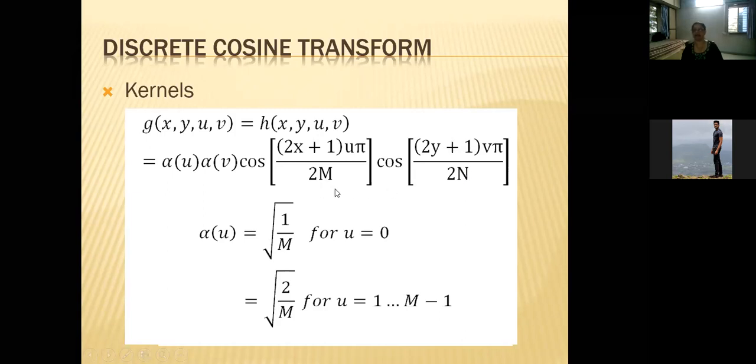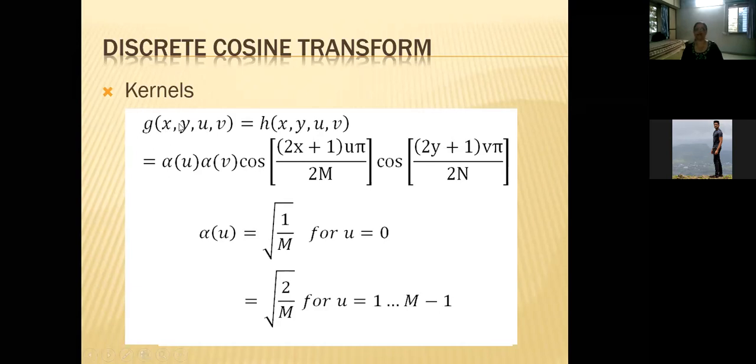Again, here m and n represent the size of the image. Your x coordinate varies from 0 to m minus 1, and your y coordinate varies from 0 to n minus 1. Here m and n represent the image size, f of x, y is the image, and x, y is used to represent the location of a pixel.